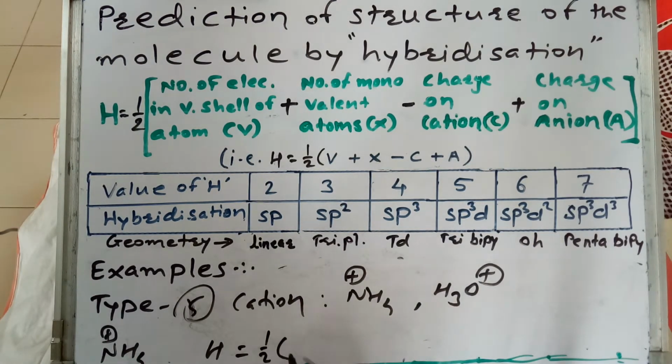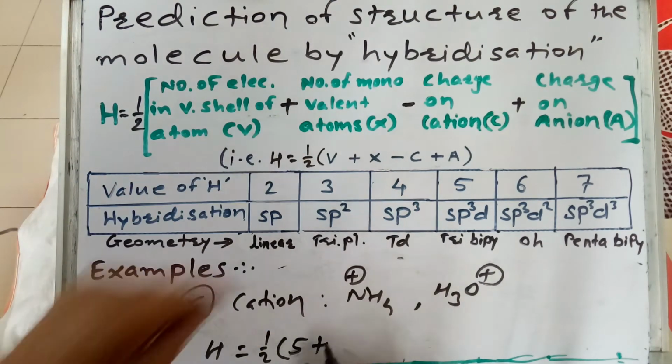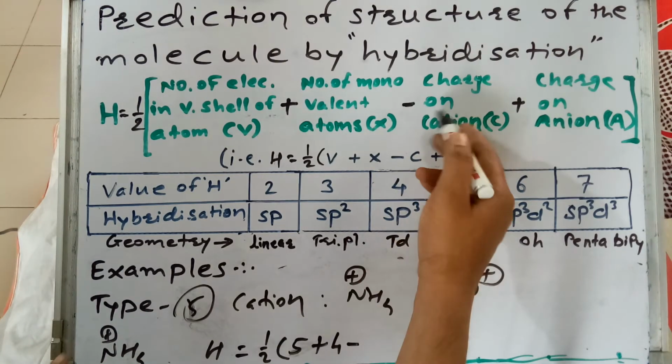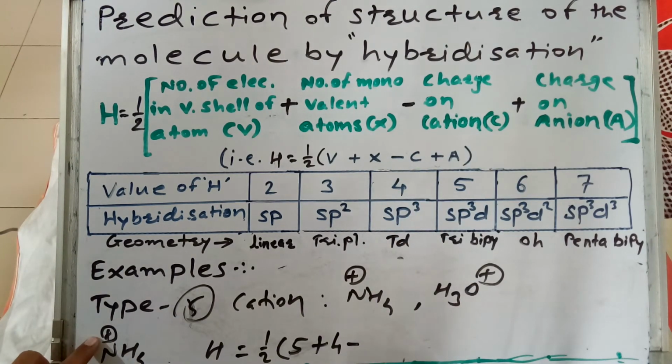So half, the central atom nitrogen having 5 valence electrons, and the monovalent atoms are 4. So plus monovalent atoms 4. There is a charge on cations, so this cation carries 1 charge, so minus 1, and plus charge on anions, there is no negative charge, so 0.